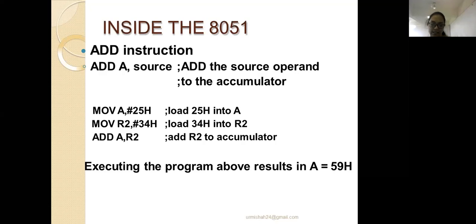Now let's take an example. In the A register we have data 25H, after the instruction MOV A, #25H. The next instruction says that in the R2 register data is 34H, after executing MOV R2, #34H.